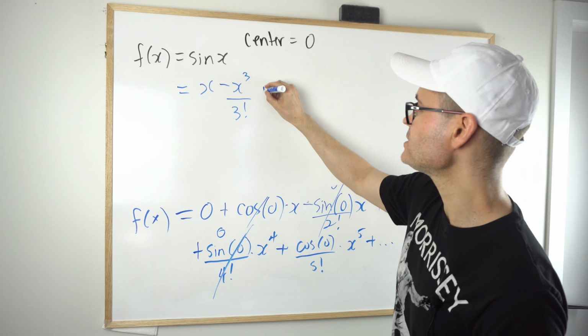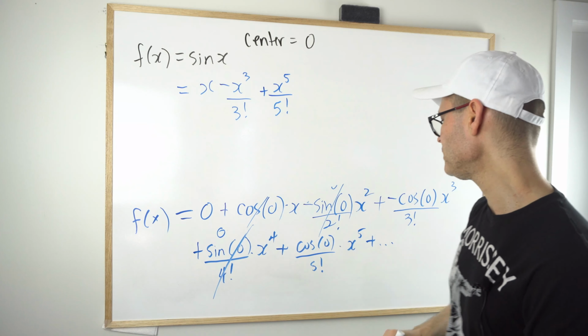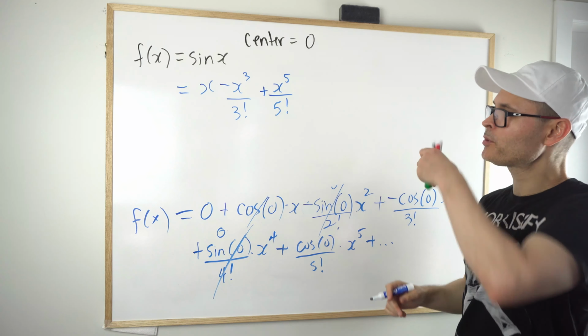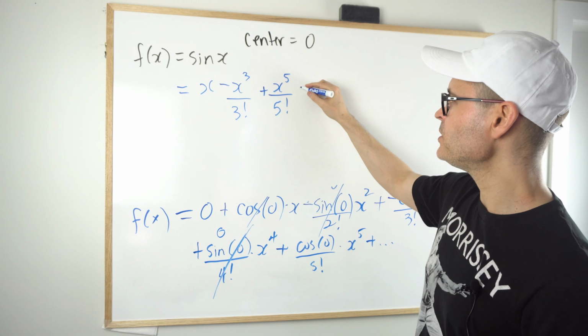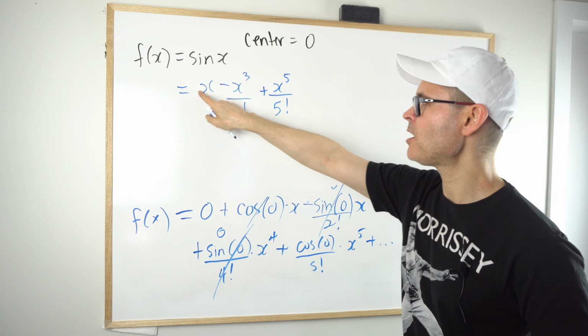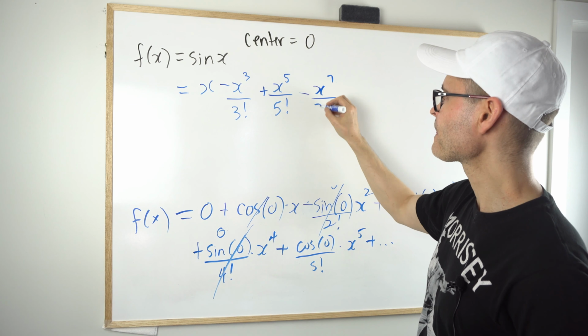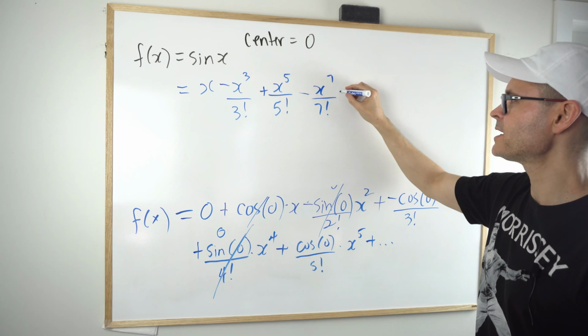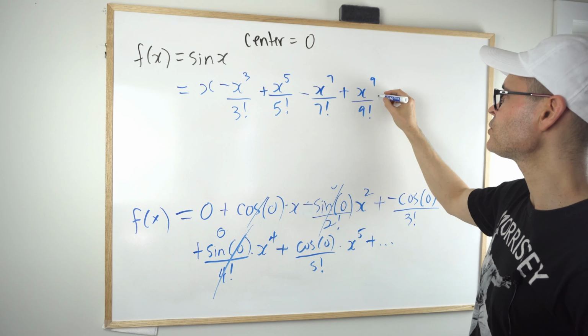This is going to be a positive term, x to the 5 over 5 factorial. And you can kind of predict some more terms here. Do you see? So if I was to predict, it looks like it's alternating, positive, negative, x to the 7 over 7 factorial. The next one is going to be positive x to the 9 over 9 factorial minus, and that'll continue on.